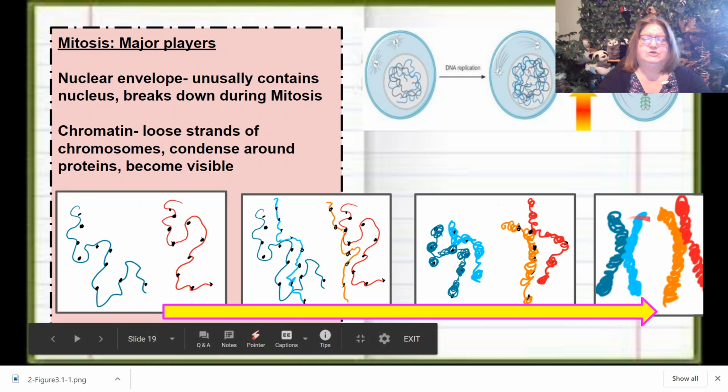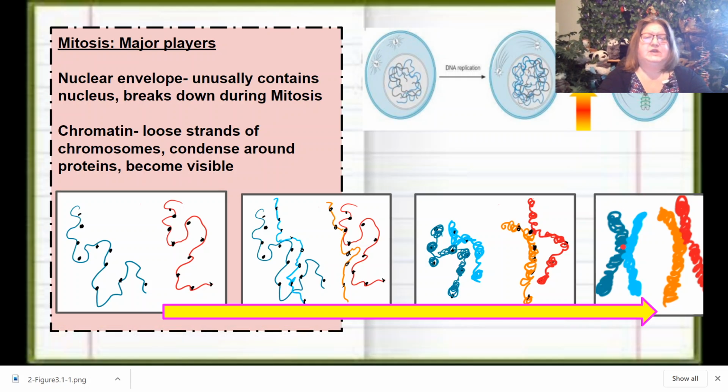So we've got two chromosomes. Now, each copy is called a chromatid. So this blue one has two chromatids, one dark blue, one light blue. And then this other chromosome also has two chromatids, sister chromatids, the orange and then the red.